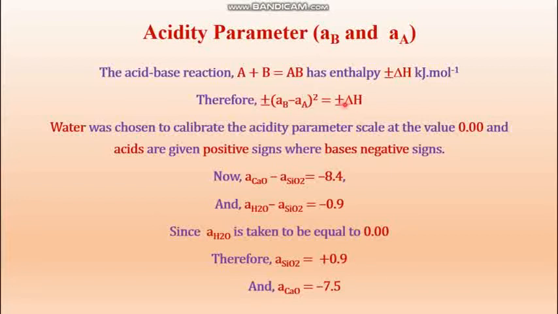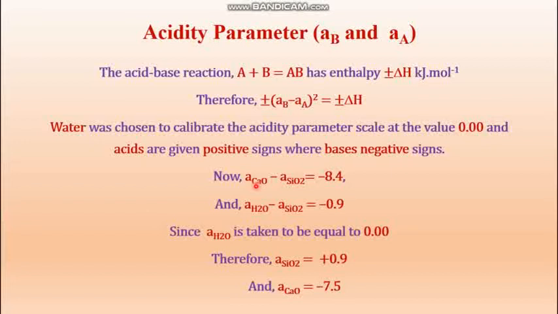If delta H is positive, then this value is also positive. So from that consideration, this value has been found to be minus 8.4. Now if calcium oxide is 0, then this is plus 8.4, or if silicon oxide is 0, then calcium oxide is minus 8.4.